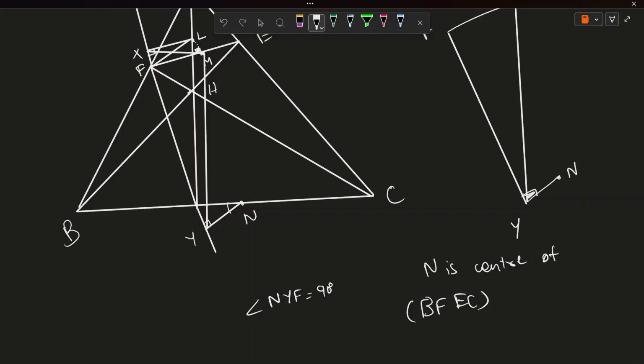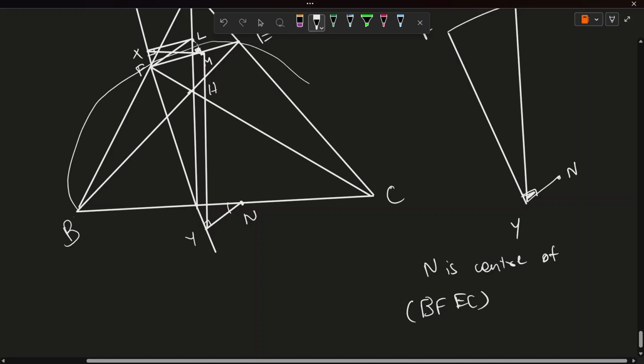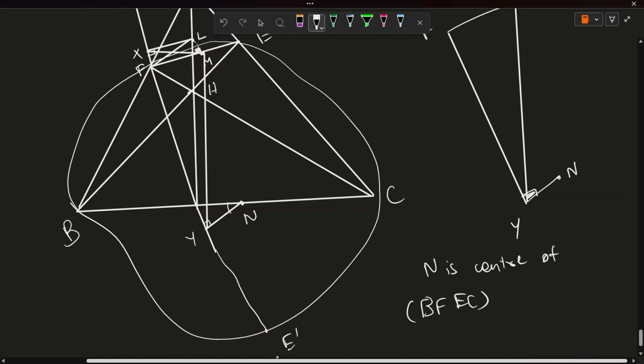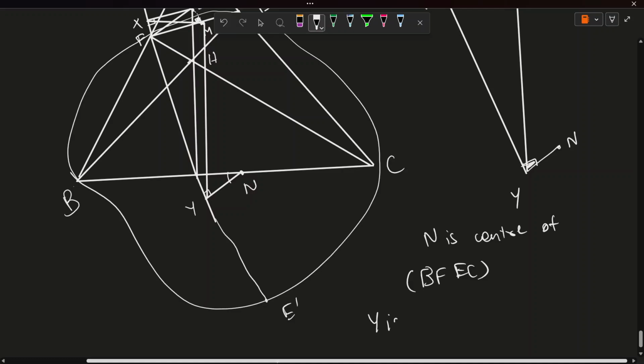Imagine we draw this big circle and extend Y. As I just proved earlier with E dash, Y has to become the midpoint of FE dash, where this upper point is F, because if we drop a perpendicular from the center, it meets a chord at its midpoint.